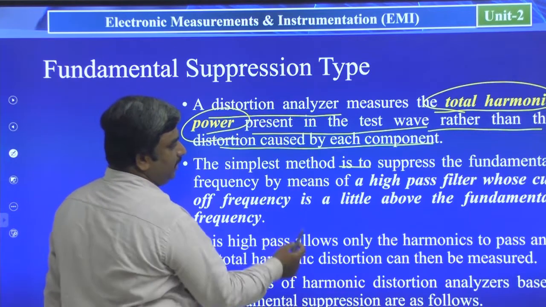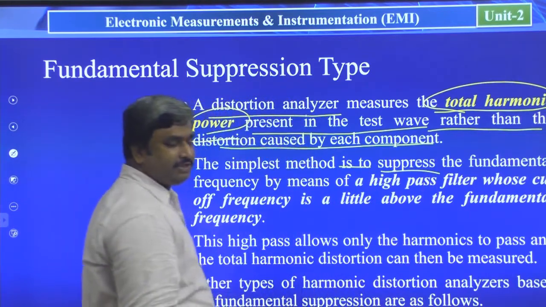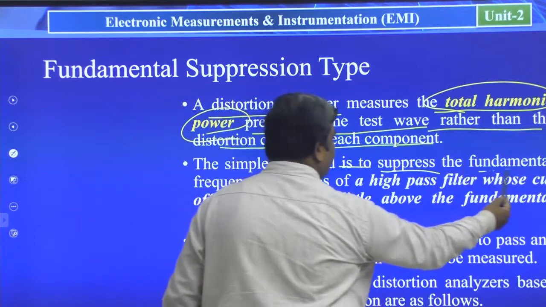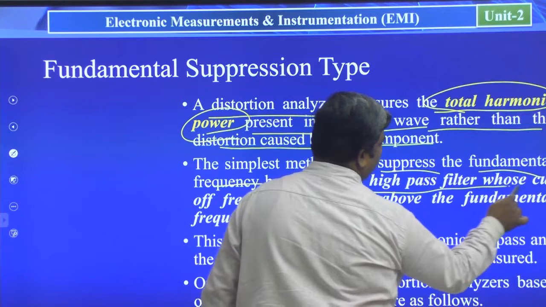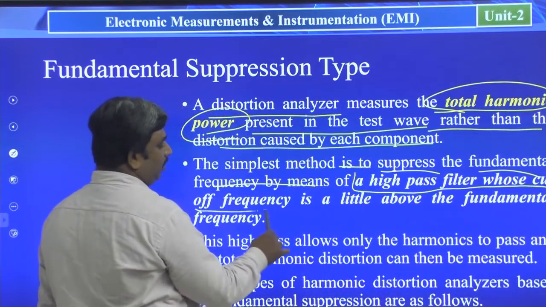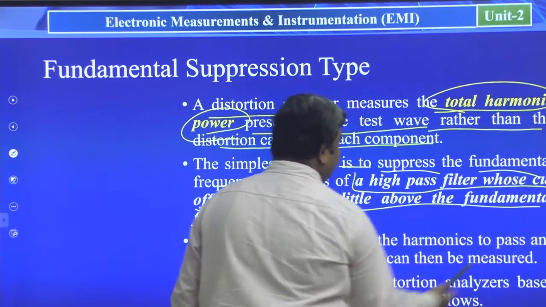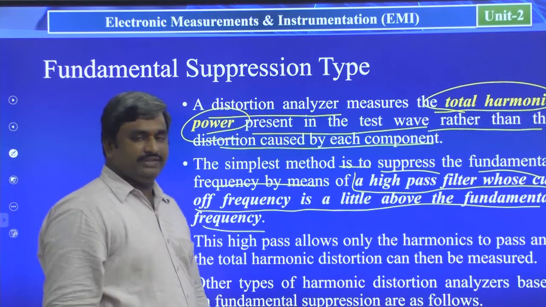The simplest method is to suppress the fundamental frequency by means of a high pass filter whose cutoff frequency is a little above the fundamental frequency.